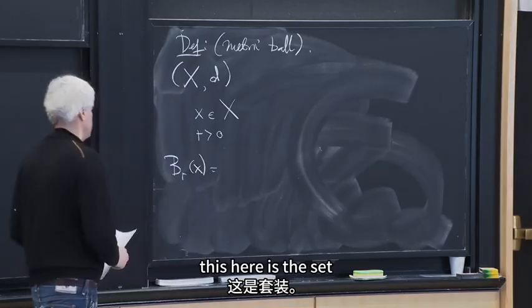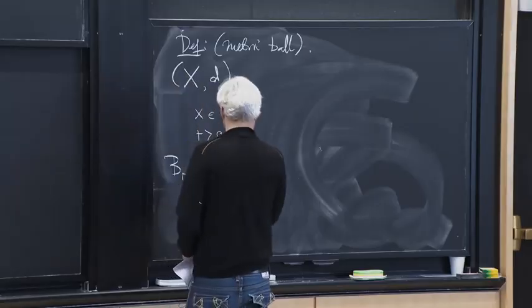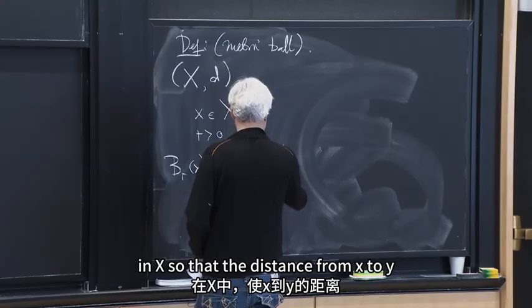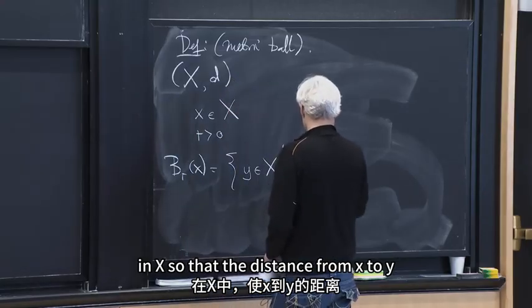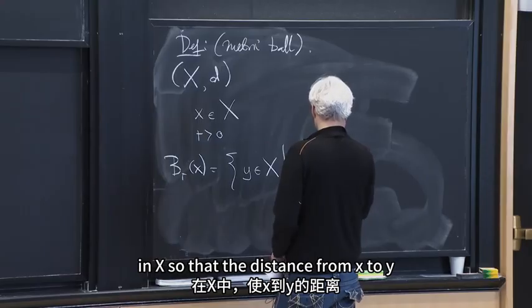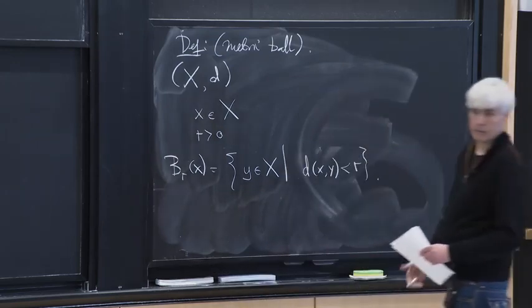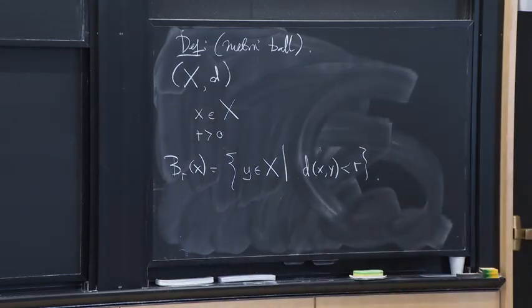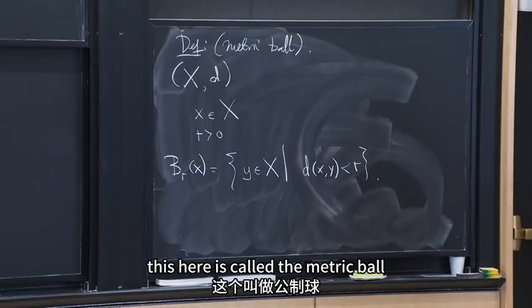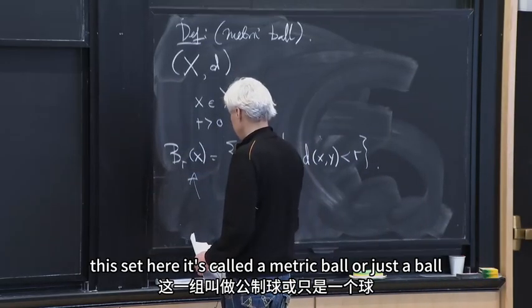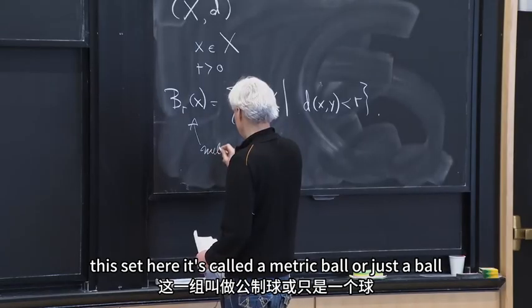This here is the set of y in X so that the distance from x to y is strictly less than r. This set is called a metric ball, or just a ball.